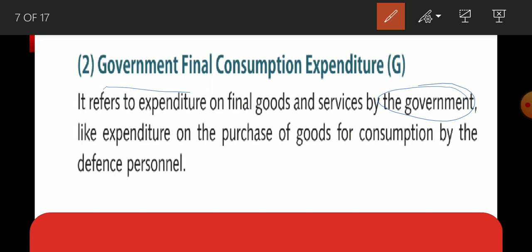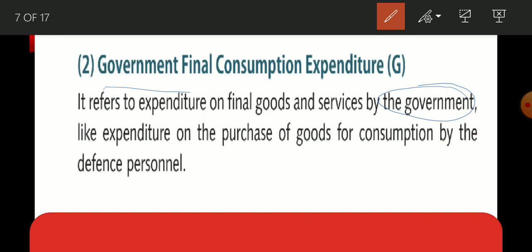Okay, so government final consumption expenditure is the expenditure done by the government on the purchase of goods and services, like defense personnel, water supply, street light, railway, road.